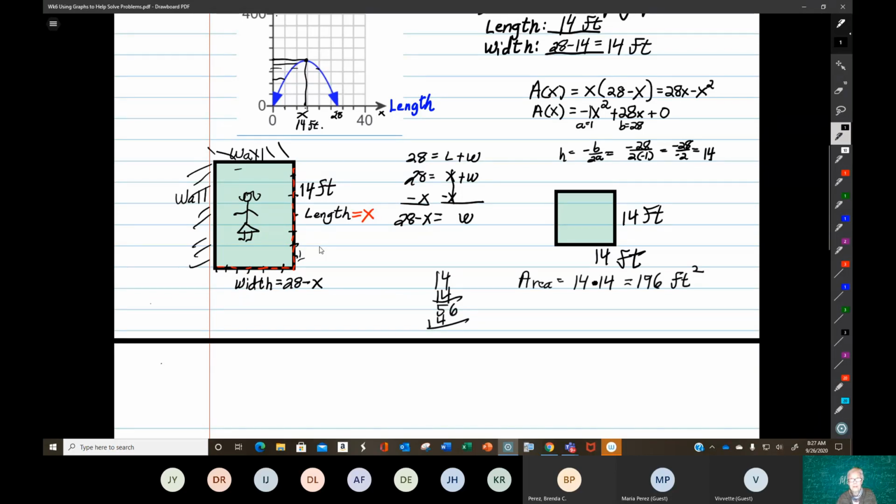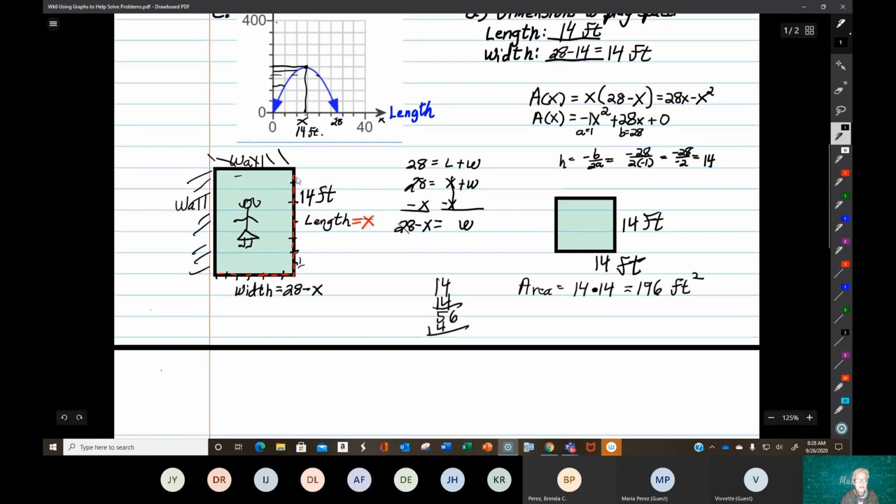But not in this problem, because you're not measuring the sides against the wall. You're measuring using 28 feet of dividers, which are over here on this side. So here you've got, okay, this half of the perimeter is going to be x by 28 minus x.